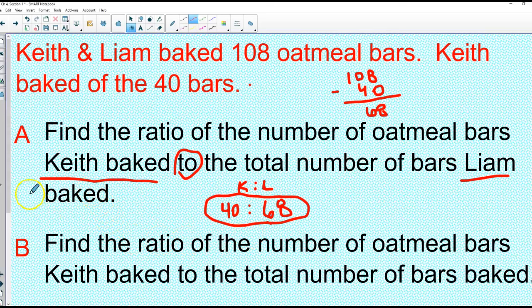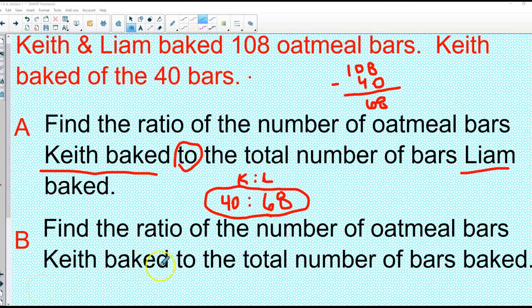Look at the second one. Now it says, find the ratio of the number of oatmeal bars Keith baked to the total baked. So let's dive into the statement here and figure out what it wants. So it wants the number of oatmeal bars Keith baked to total number of bars baked. So it wants a Keith to a total.